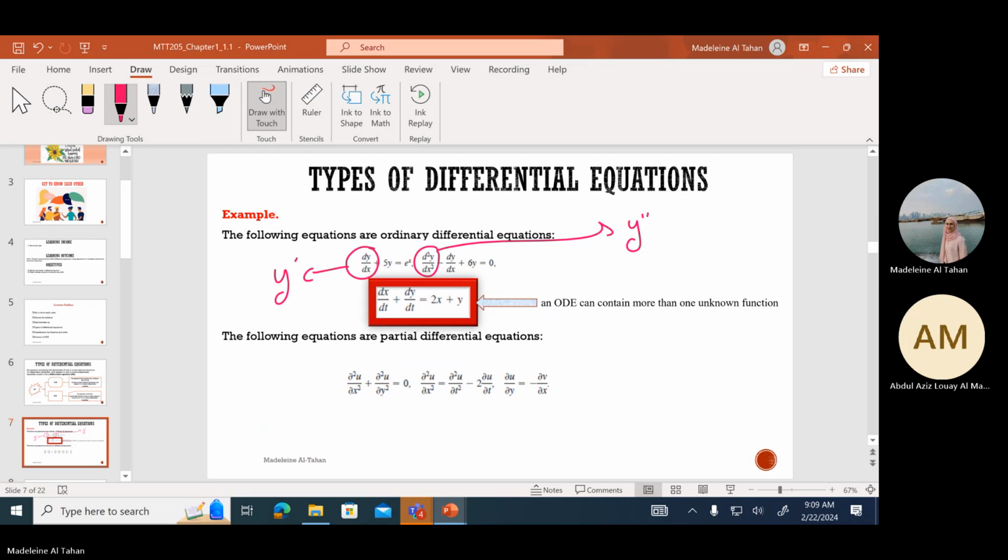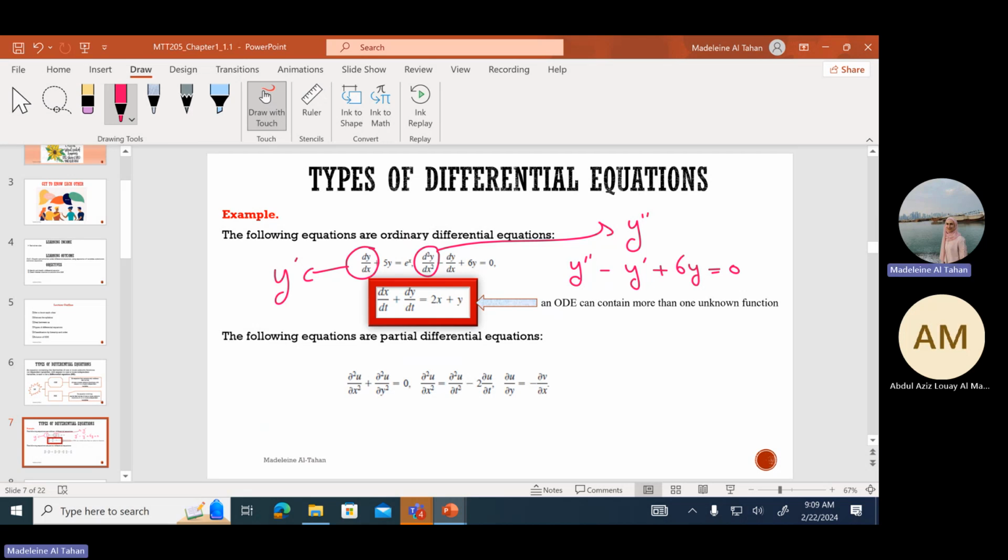Yes. The second one, we can write as y double prime minus y prime plus 6y equals 0. Also, if you look at it, we are finding a relation between the derivatives of y, and of course our aim will be to find y. It means that it is an ordinary differential equation, right?